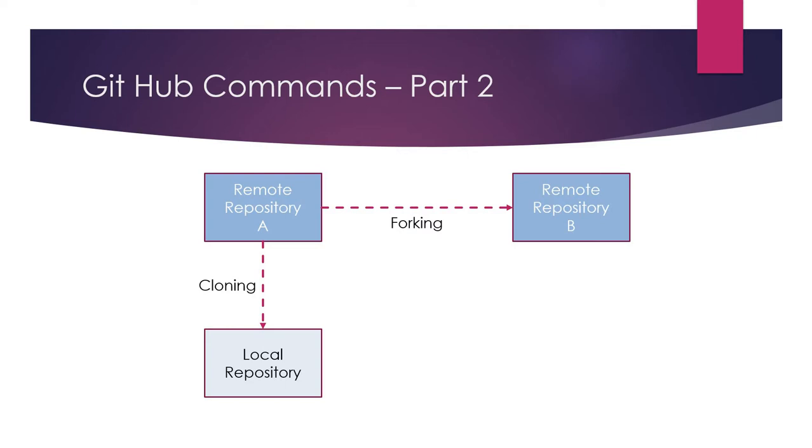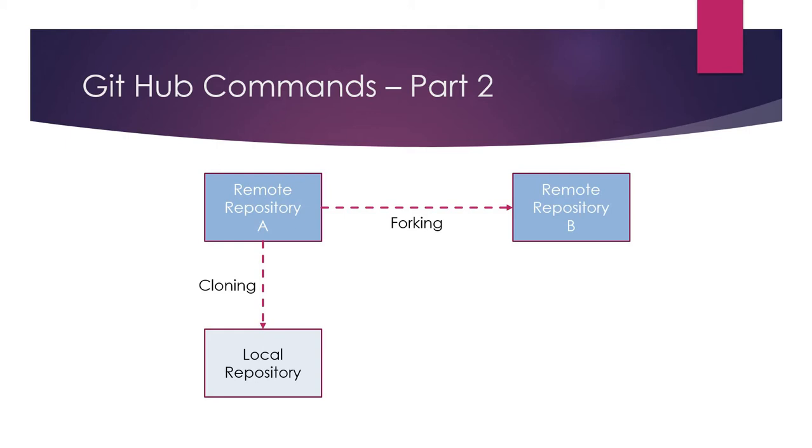Cloning, however, is done through the command git clone, and it is a process of receiving all the code files to the local machine. In simple language, forking would create a copy of your remote repository into another remote repository on GitHub, whereas cloning would create a copy of your remote repository on your local system.